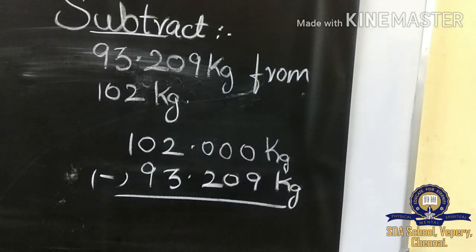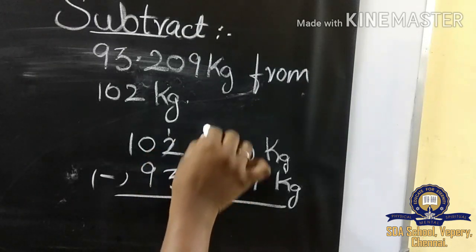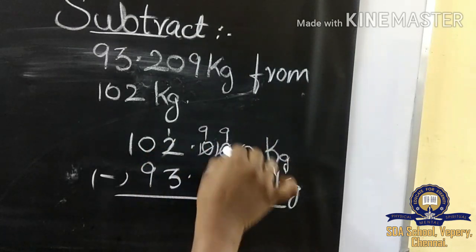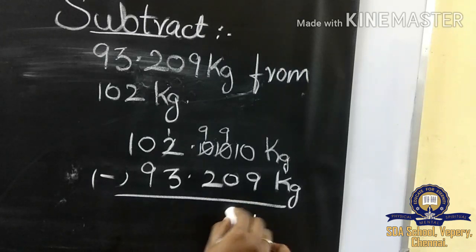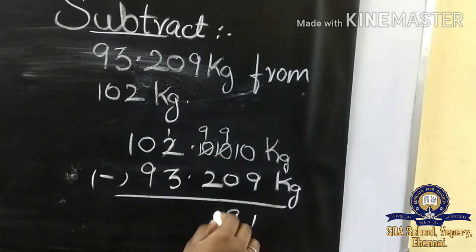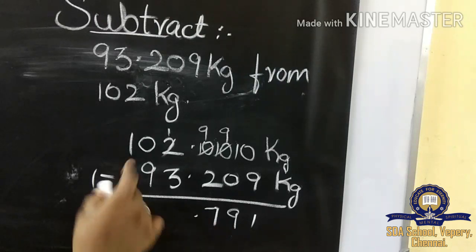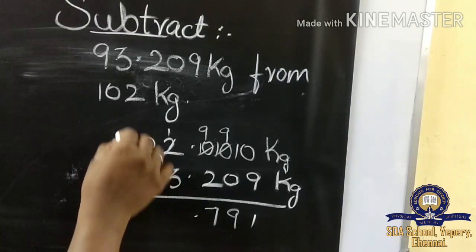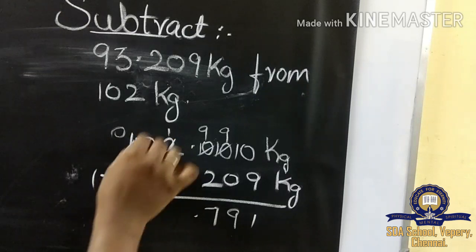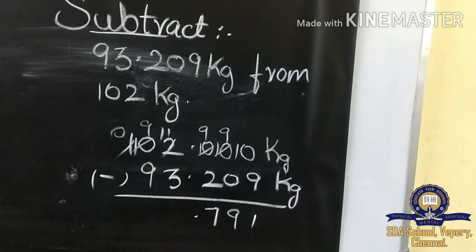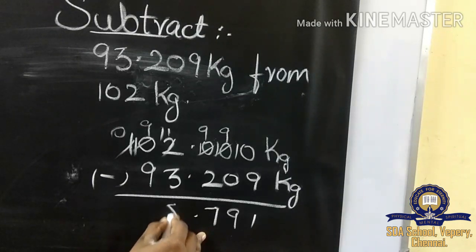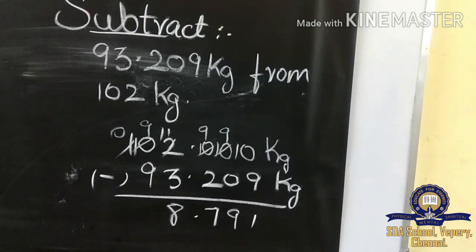Normally you have learnt subtraction in earlier classes, right? If you subtract 10, 9, 1, 9, 7 point, if 0, 11. 11 minus 3, 8. 9 minus 9, the value will be 0.